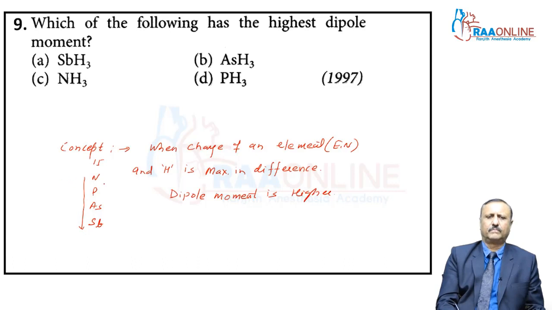When we move top to bottom, it is applicable to all groups, electronegativity decreases. When electronegativity decreases, it means dipole moment also decreases. So my dear students, nitrogen is highly electronegative, then phosphorus, arsenic, antimony. So dipole moment is highest in the ammonia molecule. And this is the answer.